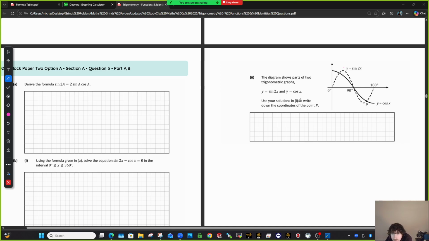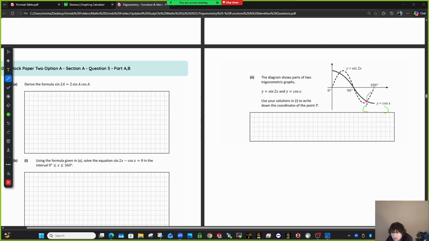Use your solutions in part I to write down the coordinates of P. Right, and why would part of our solution give us the coordinates of P? When it says coordinates, it doesn't just want the y value, it wants the x coordinate in degrees and the y coordinate from the y-axis for P.